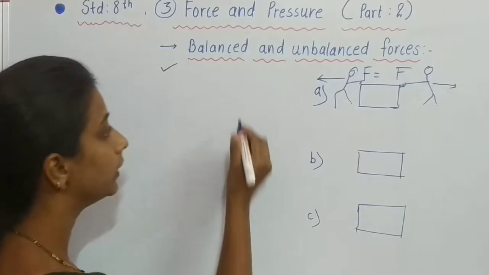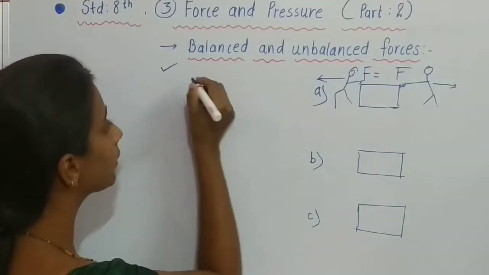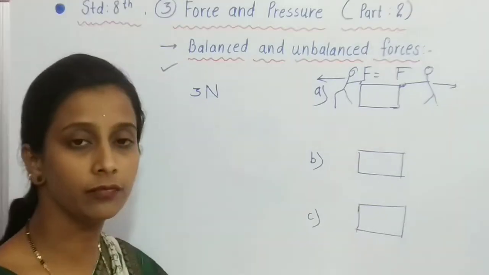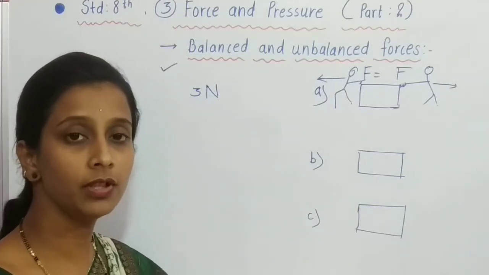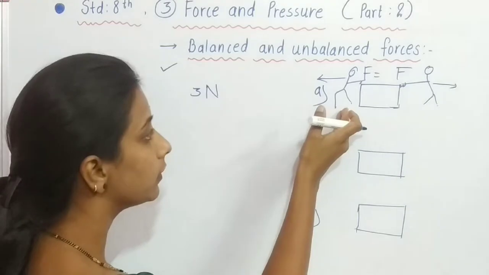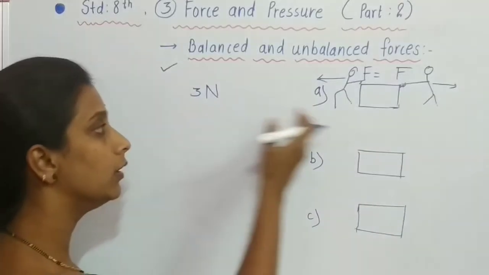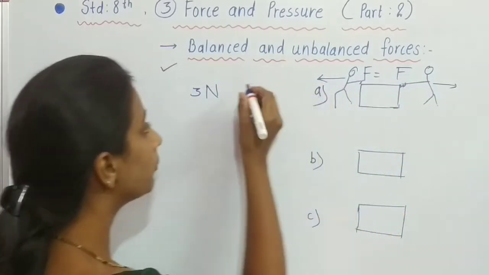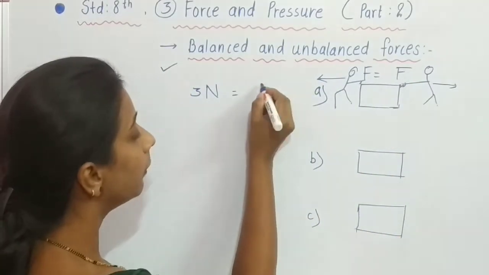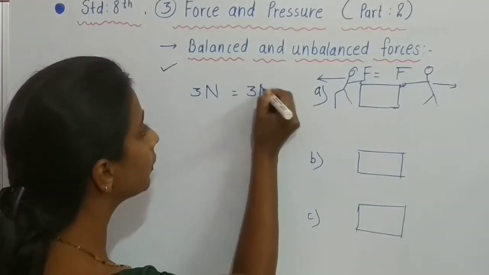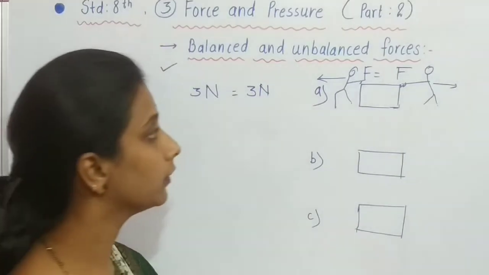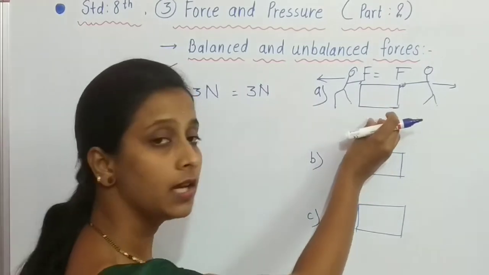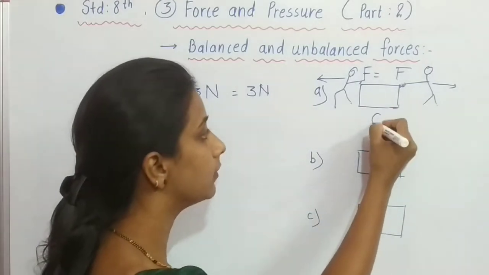So what happened here? Suppose this person is applying 3 Newton force. Newton, we know, is the unit of force. So same force is there, equal magnitude is there. The other person is also applying 3 Newton force. So the net force acting on that object is 0.